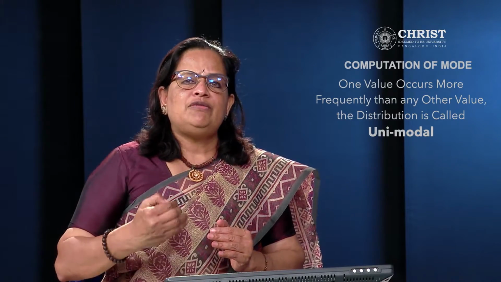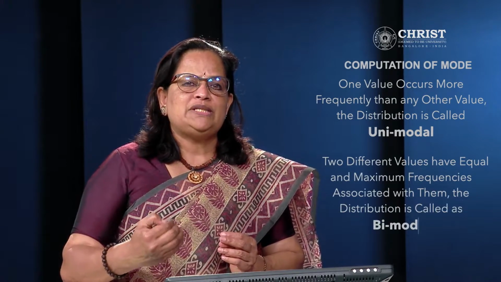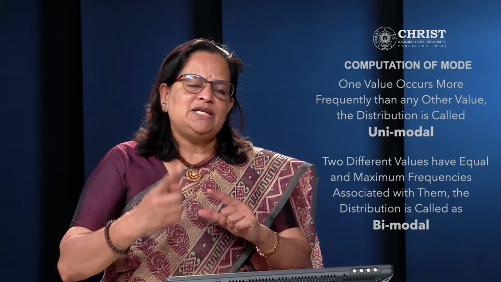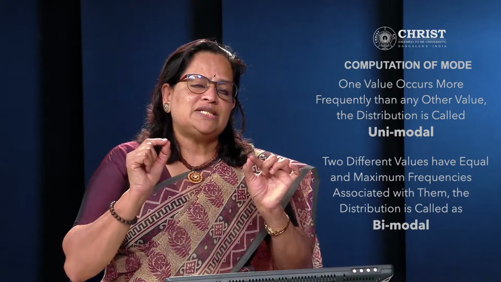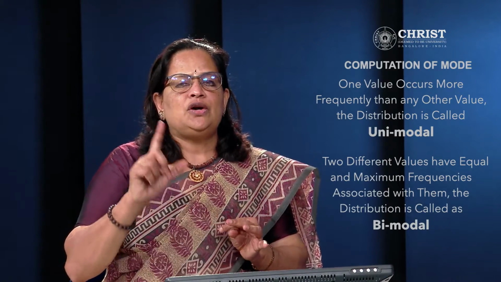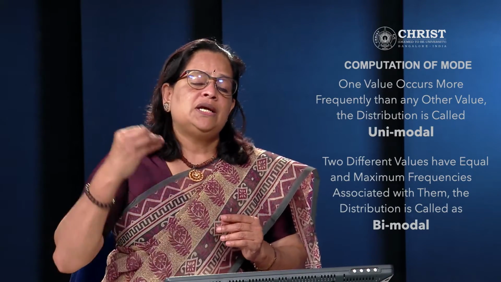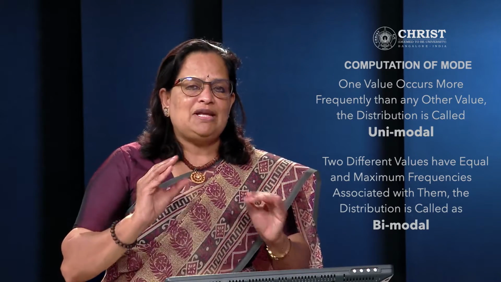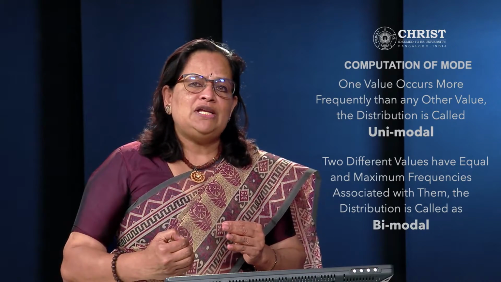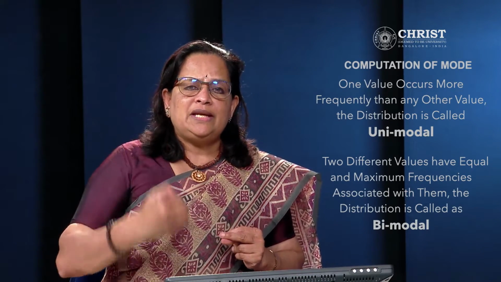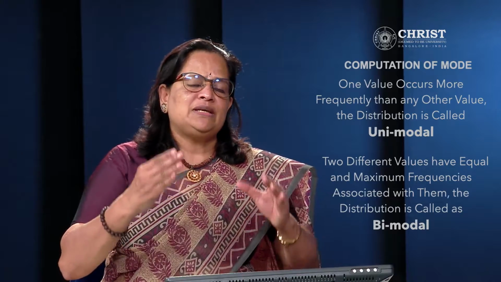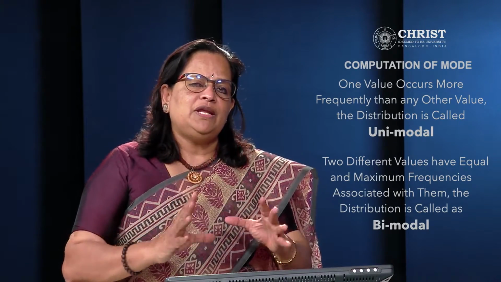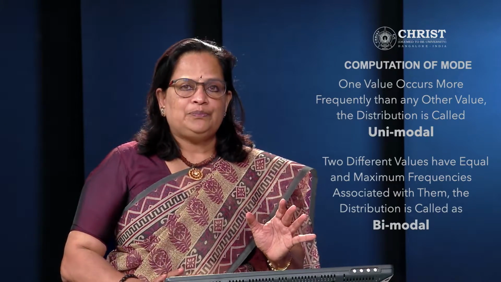Whereas, if two different values have equal and maximum frequencies, the distribution is called bimodal. Imagine in our example, if 6 and 7 both had the frequency 40, then it is called a bimodal class. For bimodal class computation in continuous series, we have to use a different equation, which I will explain. If all the values of the series have the same frequency, for example all have frequency 40, then the mode cannot be determined.